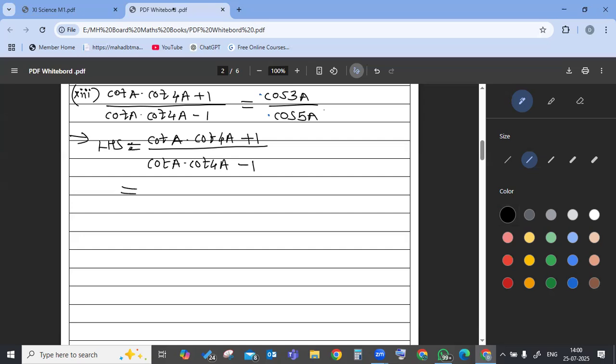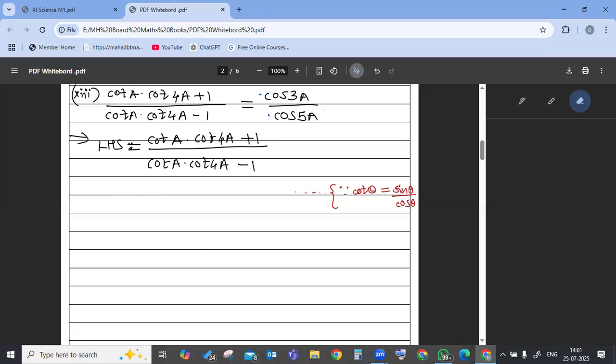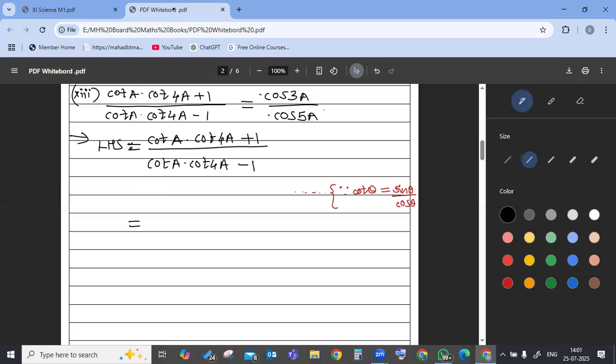So let's convert it into sin A and cos A. Since cot theta is equal to cos theta divided by sin theta, it becomes cos A upon sin A into cos 4A upon sin 4A plus 1 divided by cos A upon sin A into cos 4A upon sin 4A minus 1.